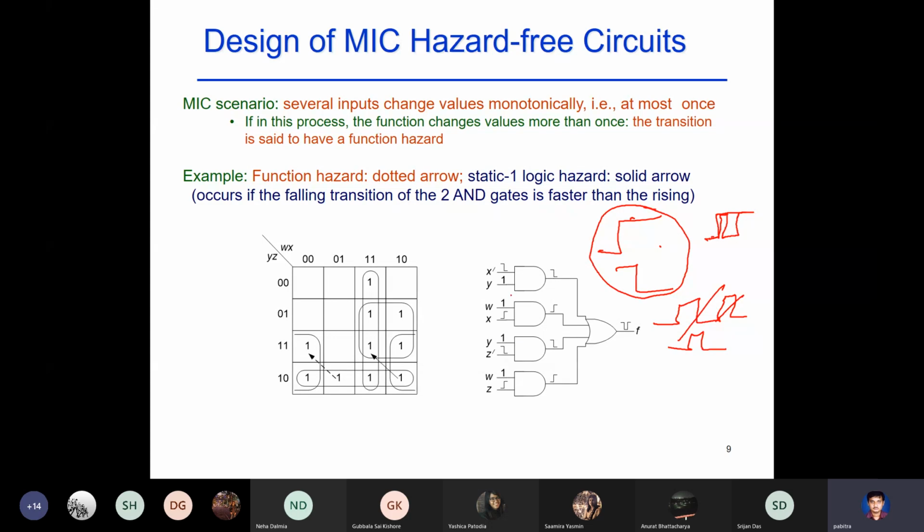If we look at the output of these AND gates, they are not uniform, there may be a variation in delay in each of them. One may have the highest delay, one may have the least delay, so there may be a variation in propagation delay. So the output of the AND gates may change at different times.